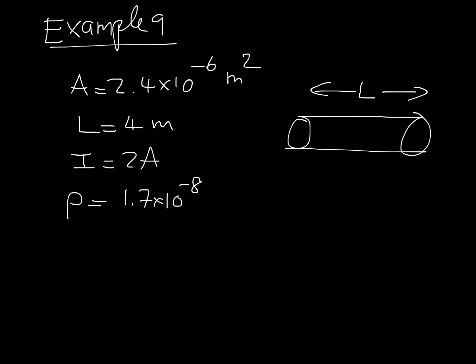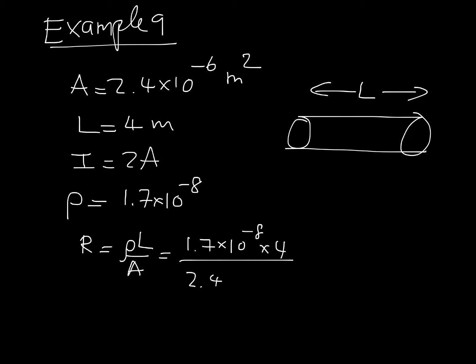So first calculate R. R is rho L over A, so we have this times 4 over area A, 2.4 times 10 to the power of minus 6, which is about 0.03 ohm.